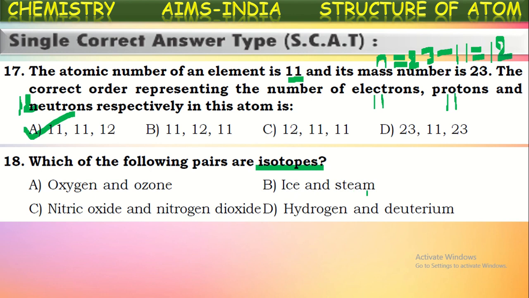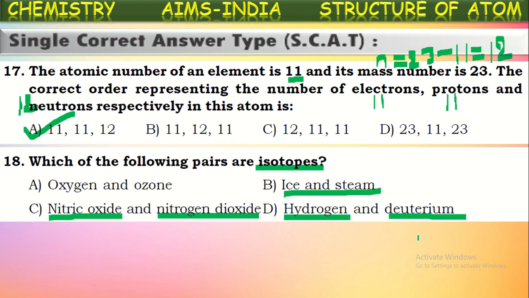And ice and steam, both are representing the same compound but in different physical states. Nitric oxide and nitrogen dioxide. These two are the oxides of the same element nitrogen but not isotopes. If you observe hydrogen and deuterium, these two are isotopes of hydrogen. They have same atomic number but different mass numbers.